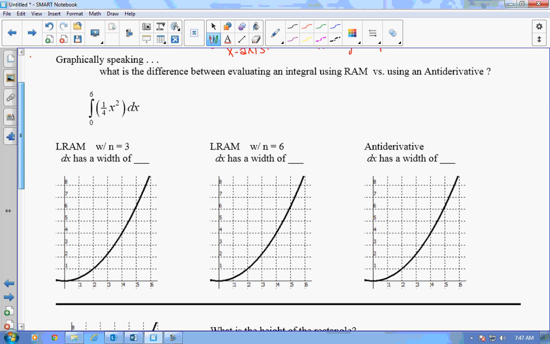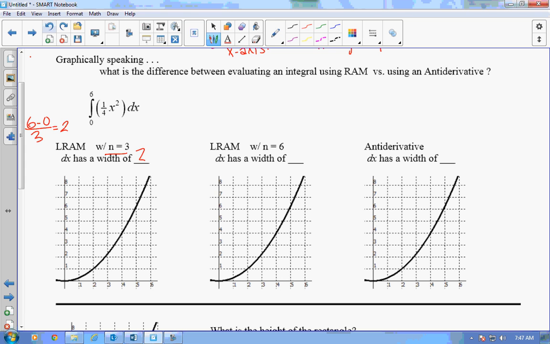What would the width be? 2. And if you're still unsure how we get that, we take the bounds, 6 minus 0, divide by the number of rectangles, and we get 2.